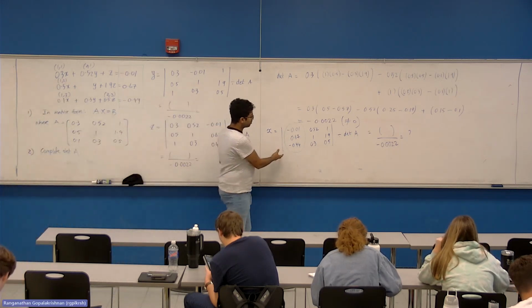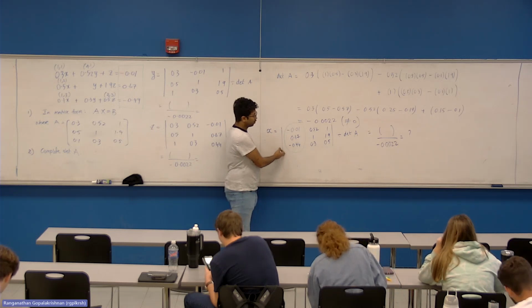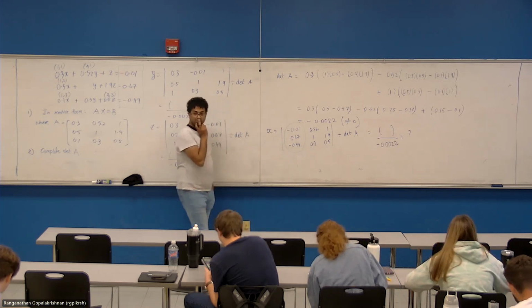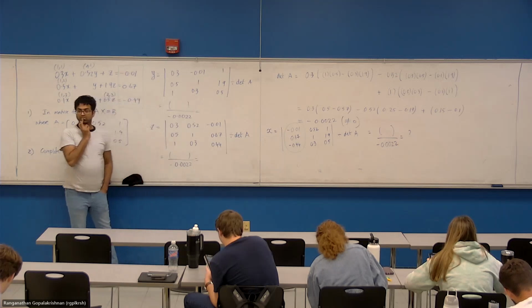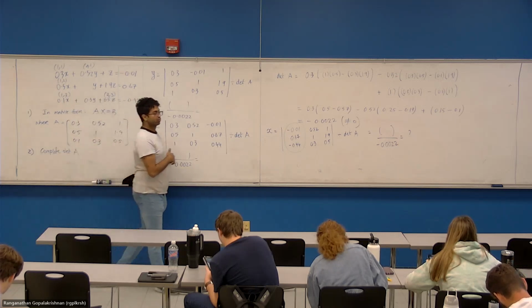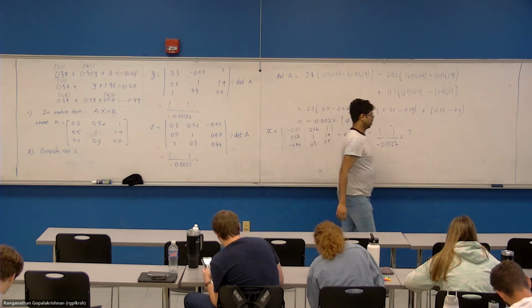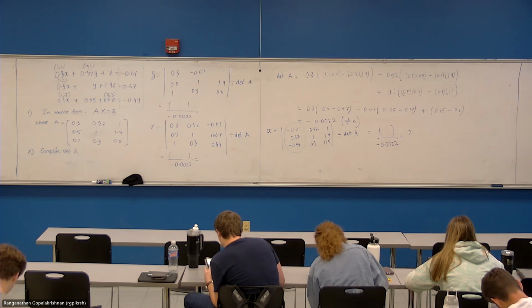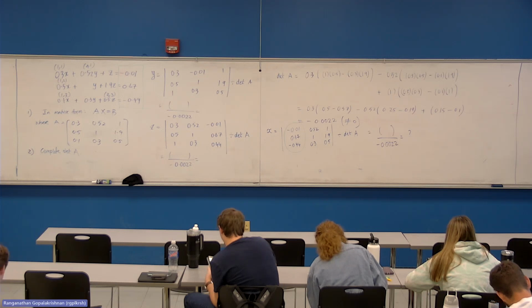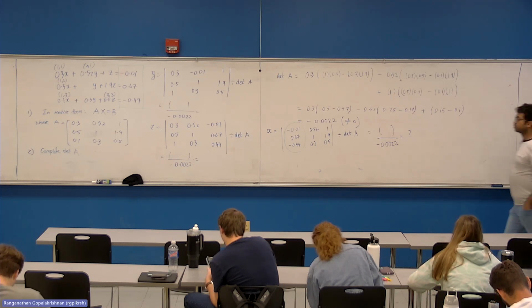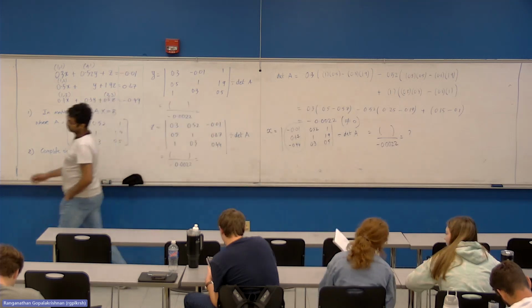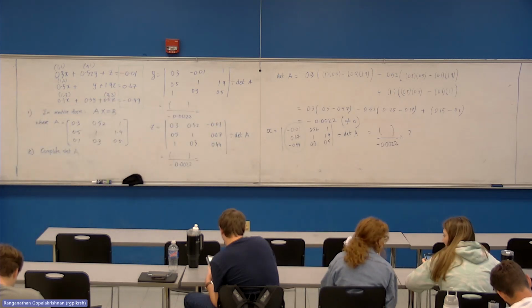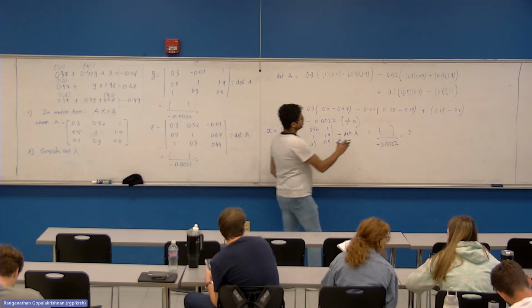What are we getting for the determinant of this numerator? I have 0.0327.